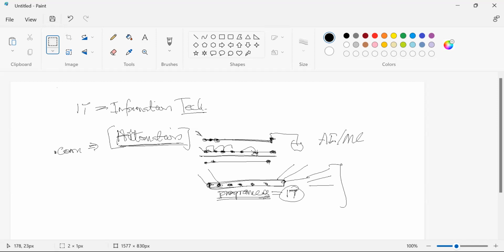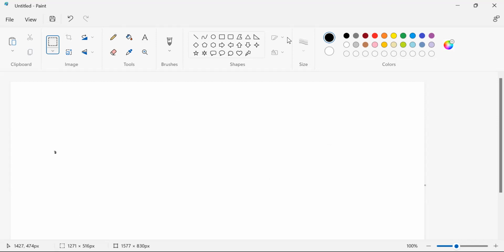Now let us zoom into IT and see, okay, this IT, what is it about? Information technology starts from having a single computer. Let us represent a computer by that. Hope you can see that.